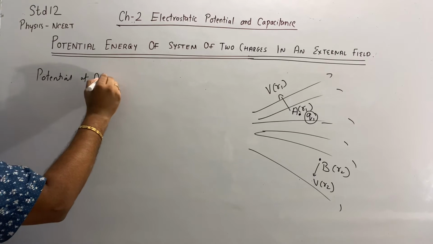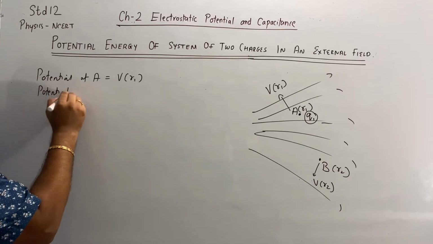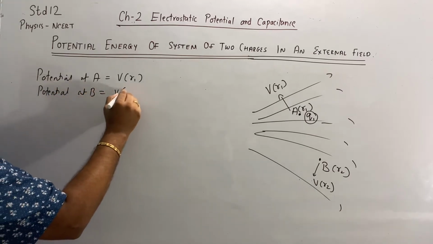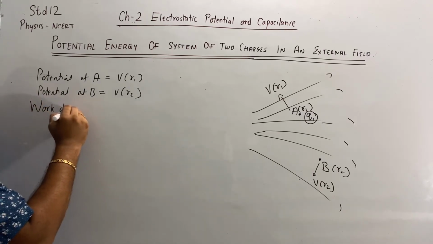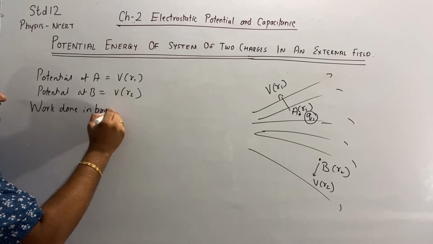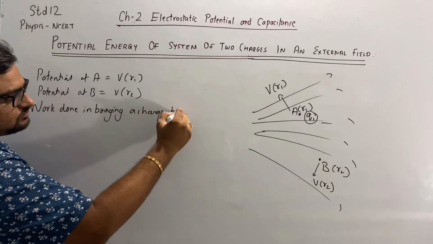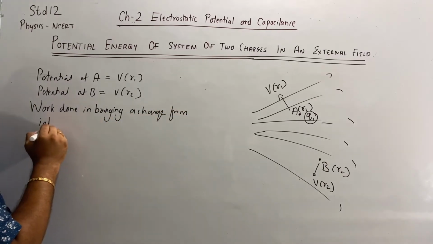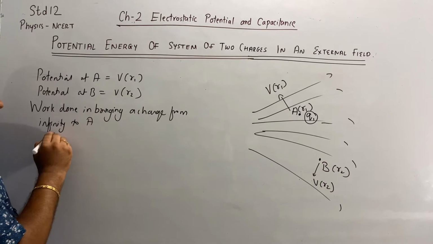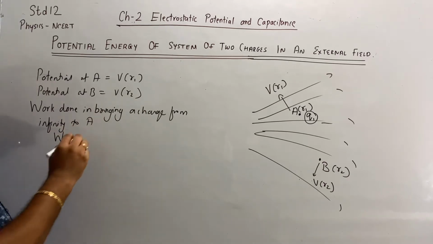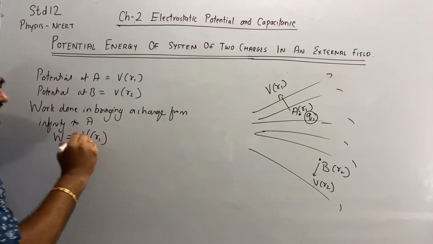Potential at A and potential at B, V of R2. Now work done in bringing a charge from infinity to A. So W will be equal to VQ, means V of R1 into Q. So Q into V of R1.